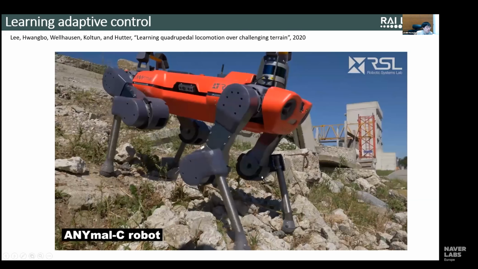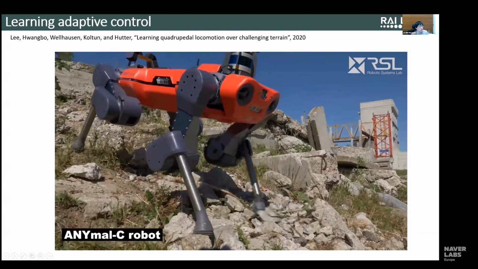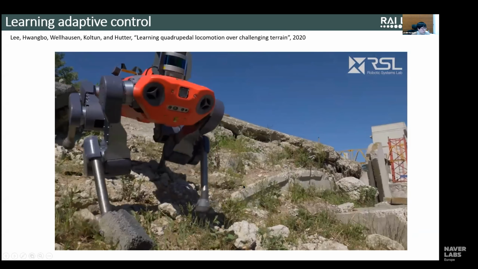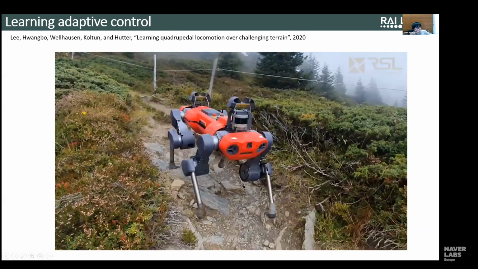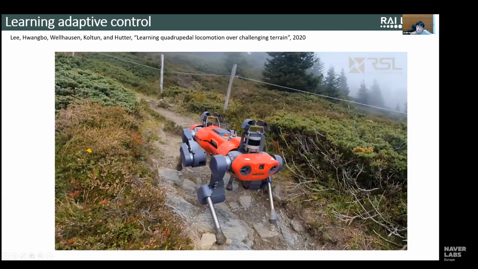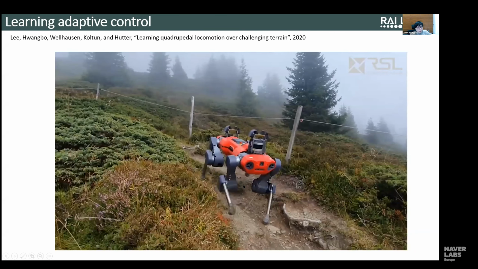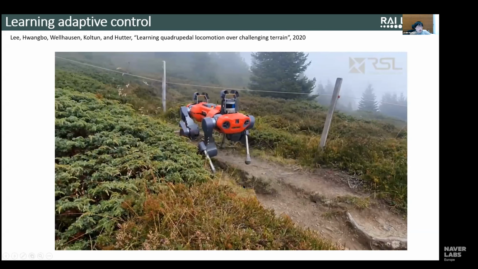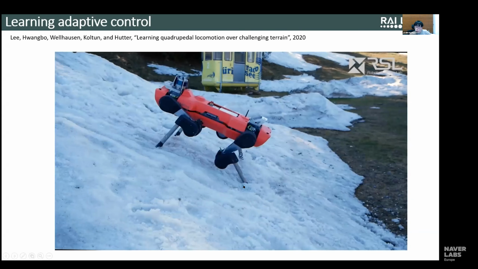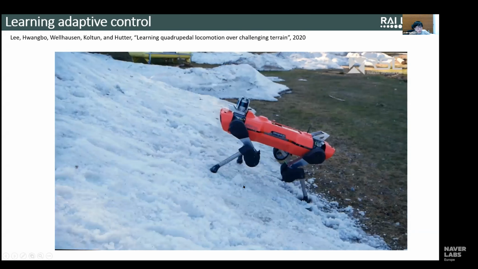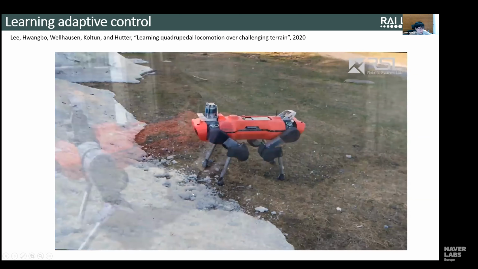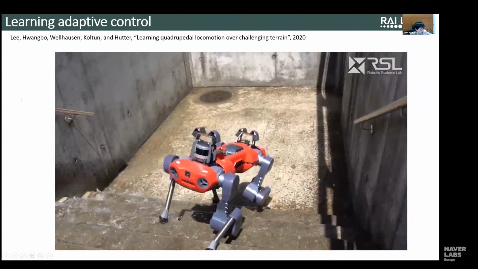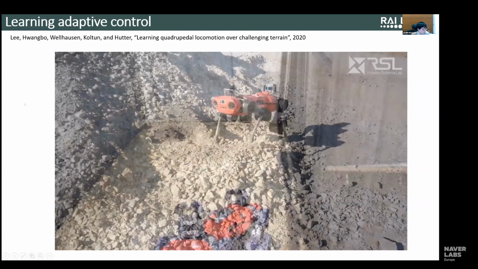With that, we can deploy a control policy in a very wide range of environments. I call this adaptive control because using the history information, you can estimate the unseen environment properties, so you are adapting to the new environment. This works very robustly. I'm going to skip this quickly because I guess you saw the video before.